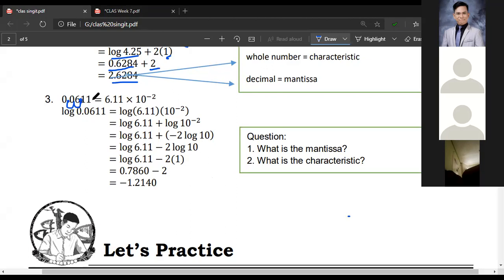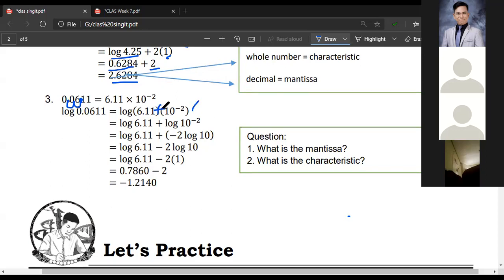So, 6.11 nga. Ilang steps? Negative 2. Since pa-right ang takbo, kaya negative 2. Kaya 10 raised to negative 2. Okay? So, i-rewrite natin si 0.0611, magiging logarithm of 6.11 times 10 raised to negative 2.